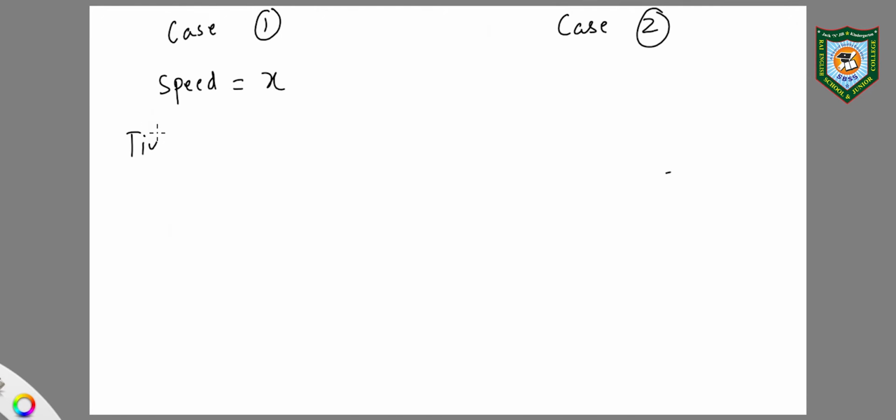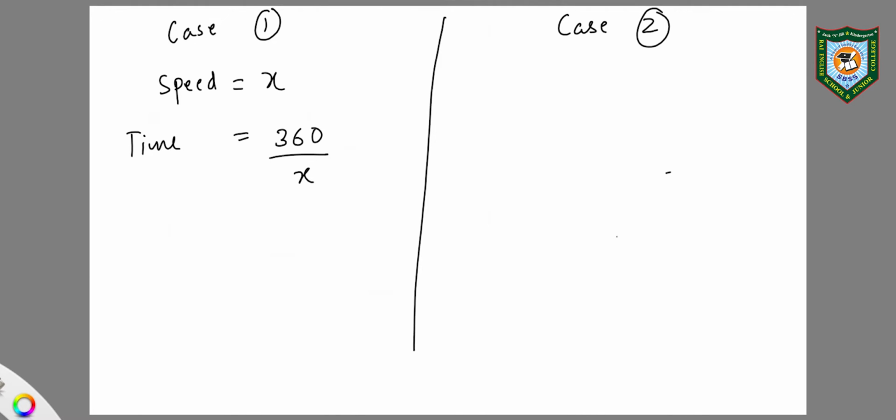It takes 48 minutes less to cover the same distance. So here I have case 1, here I have case 2. In case 1, my speed is x and my time is equal to 360 divided by x.